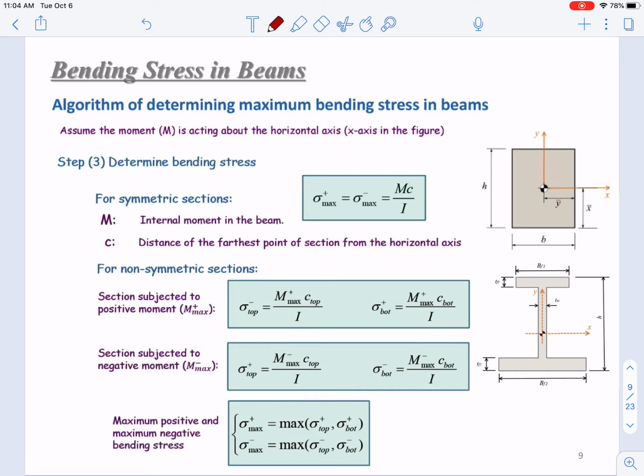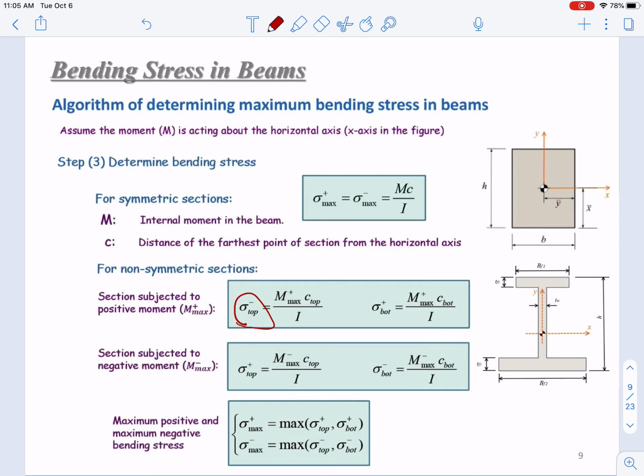For symmetric sections, the c will be the same. You just need to identify the signs of the stress on each side. And for non-symmetric sections subjected to positive moment, you will have the compressive stress on top. If it's subjected to positive moment, you will have negative stress on top, compressive stress on top.